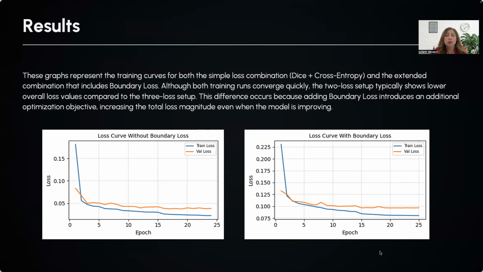Although both training runs converge quickly, the two-loss setup typically shows lower overall loss values compared to the three-loss setup. This difference occurs because adding boundary loss introduces an additional optimization objective, increasing the total loss magnitude even when the model is improving.